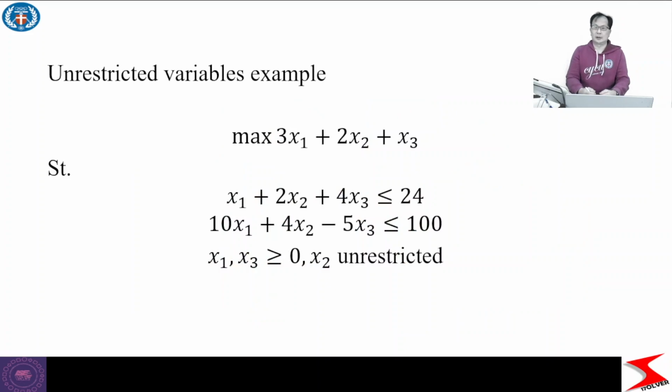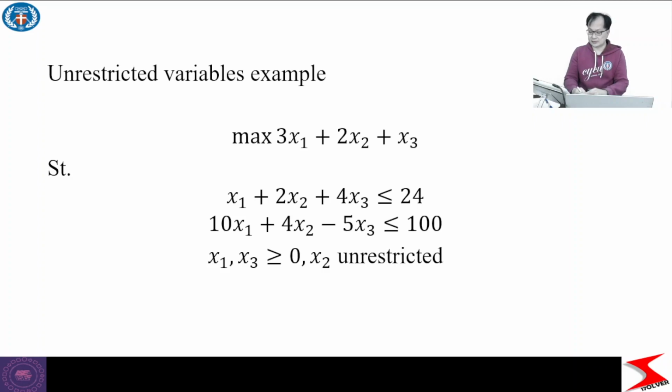And now we give an example to show how to deal with the unrestricted variable. The example is maximize z equals 3 times x1 plus 2x2 plus x3. We have two constraints. The first one is x1 plus 2x2 plus 4x3 less than or equal to 24.